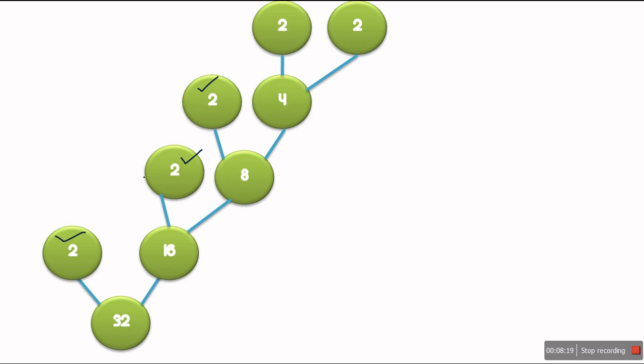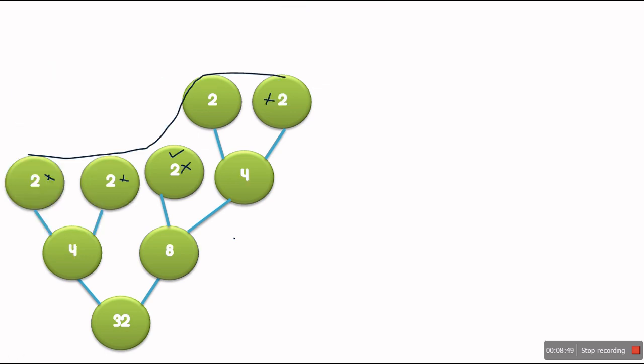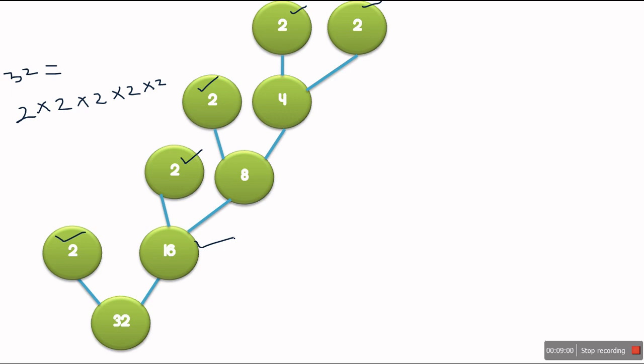So at the end we will see there will be 5 times 2. 32 can be written as a multiple of 5 times 2: 2 into 2 into 2 into 2 into 2. So however you start 32, whether we start 32 like this, 8 times 4 is 32, or we start with 16 times 2 is 32, we get 5 times 2. So prime factorization means we divide a number up to all prime factors, or we can say every composite number can be written in the form of a product of prime numbers.